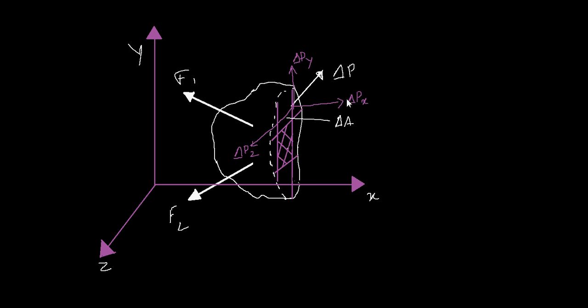As you can see, the X component is normal to the area delta A, which is along the x-axis, and that is the normal component of this force.